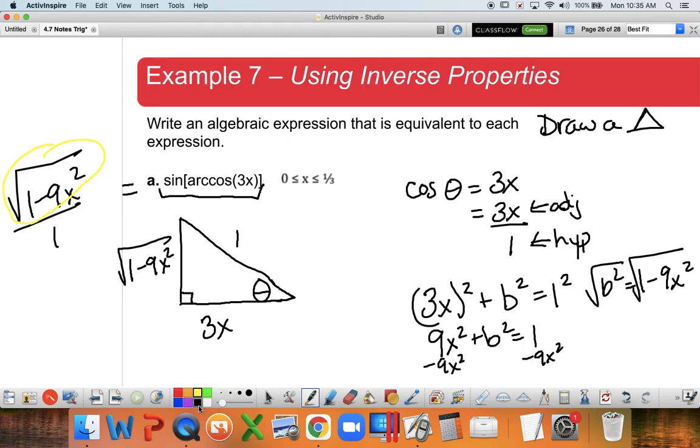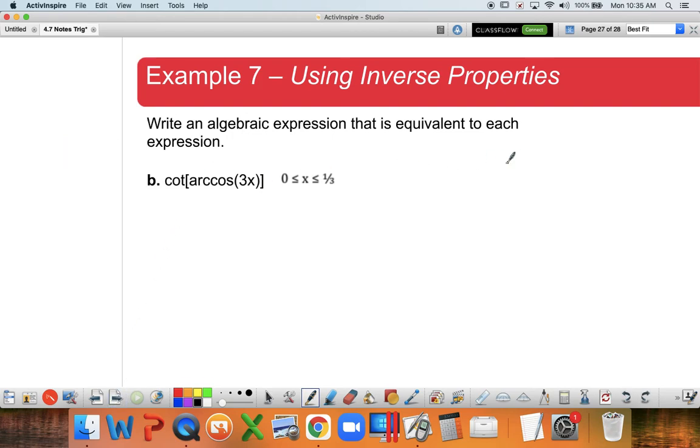I encourage you to try the next one on your own because it's the exact same picture. It's the exact same triangle. So I'm going to draw it real quickly on here because we've already set up our triangle. Theta here, cosine is adjacent over hypotenuse. And then over here we have the square root of 1 minus 9x squared.